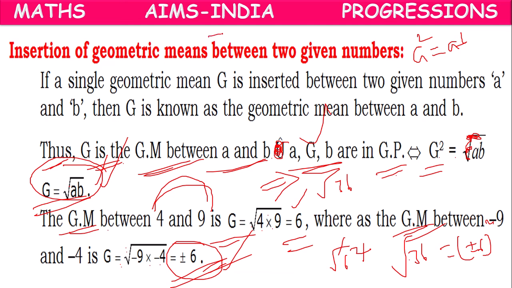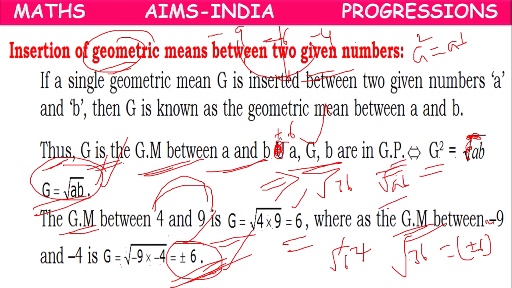Because between minus 9 and minus 4, we cannot keep plus 6, in this case the answer is minus 6. So in this way, we can insert a geometric mean between two given numbers. We just have to take the root of the product of the two given numbers, and this will be considered the geometric mean between them.